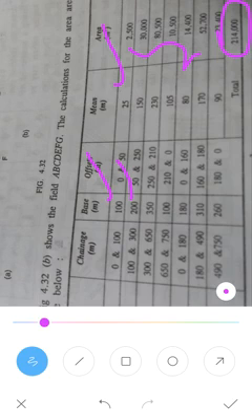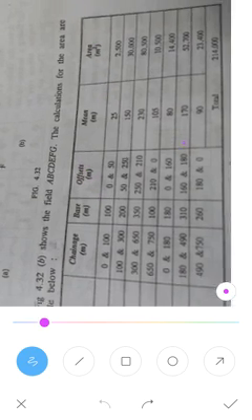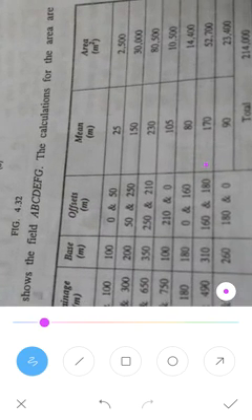For that 2 lakh 14,000, you have to divide it by 10,000, because 1 hectare is equal to 10,000 square meters.